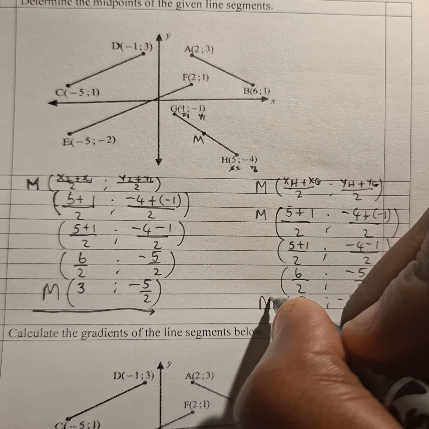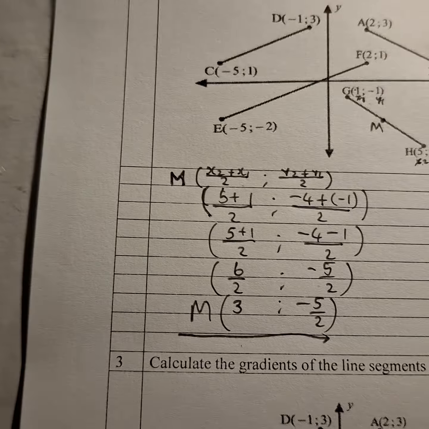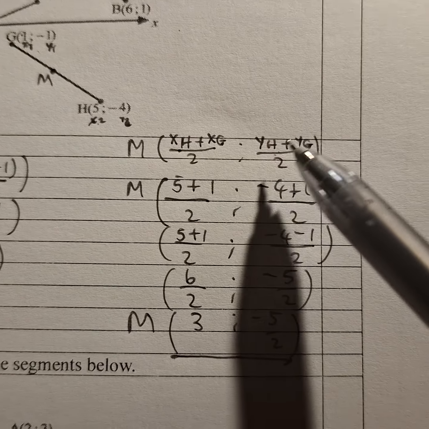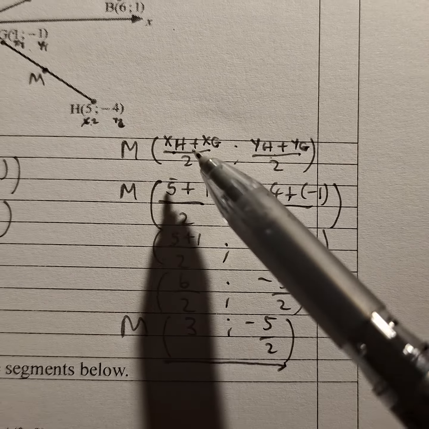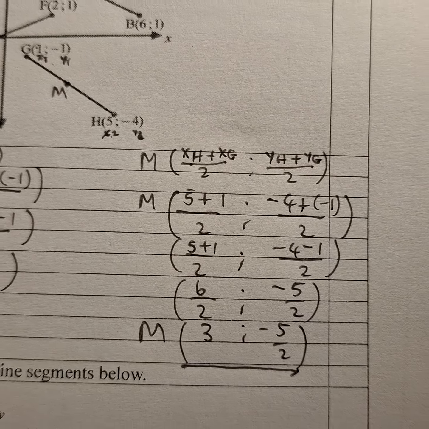This is just so that people can note that if you don't want to use the subscript numbers 2 and 1, you can use the subscript of the actual letters: the x coordinate of H plus the x coordinate of G over 2, the y coordinate of H plus the y coordinate of G over 2. You see this consistency, HG, very important.